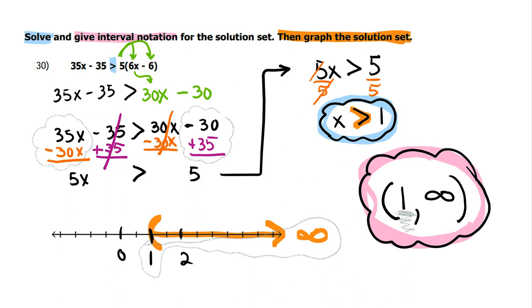This is the smallest possible value that x could be, and this is the largest possible value x could be. And then the parenthesis, if you have a parenthesis here, it says you cannot include the 1. It'd be the very next number larger than that. If you use a bracket, you do include the 1. So, anywho, that's that.